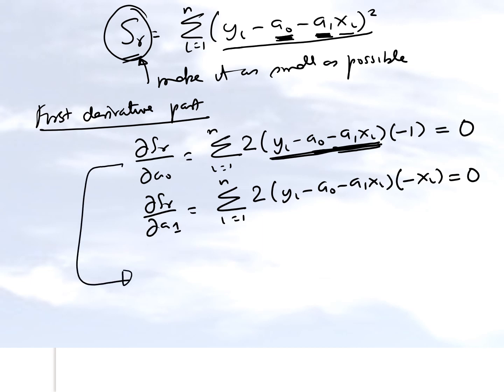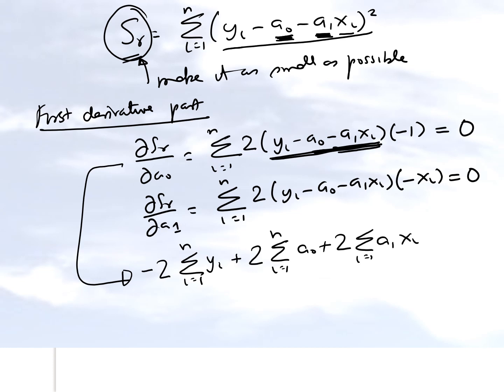So what we're going to do is expand it. We're going to get as follows. I'm basically taking the summation and breaking it up into 3 separate summations. I'm going to do the same thing here.